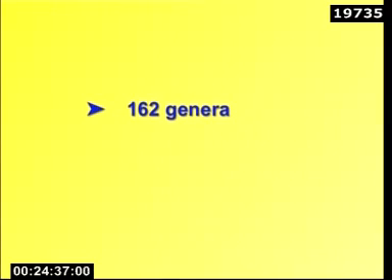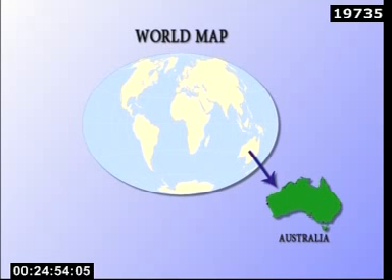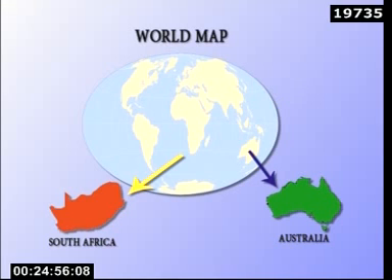As we know, Rutaceae is a large family comprising 162 genera and 1900 species, which includes both wild and cultivated ones, distributed widely in the tropical and subtropical regions of the world, especially abundant in Australia and South Africa.